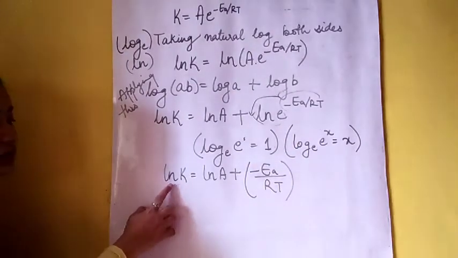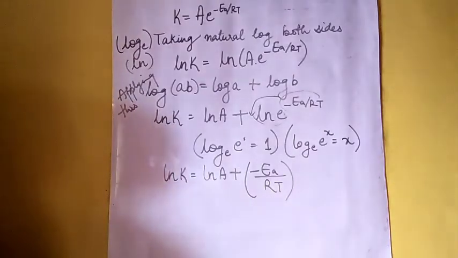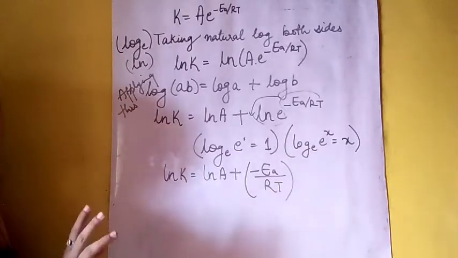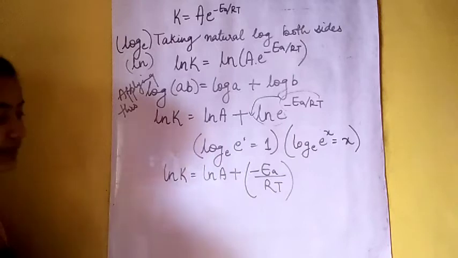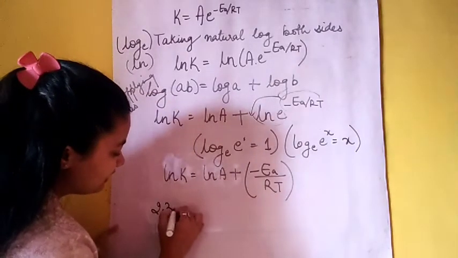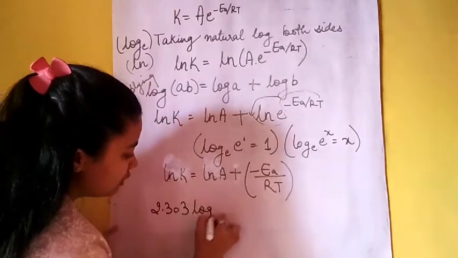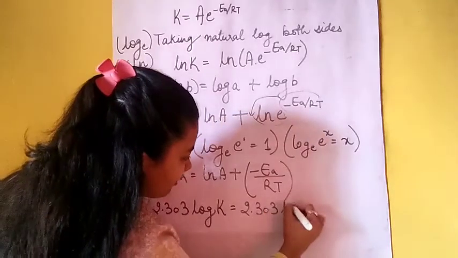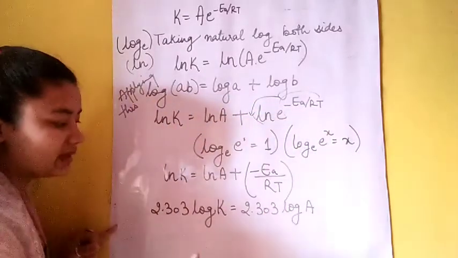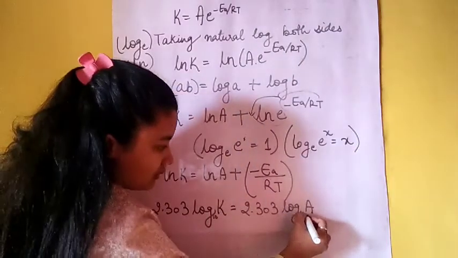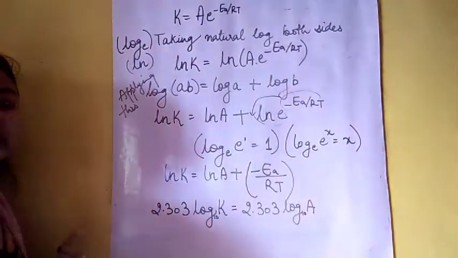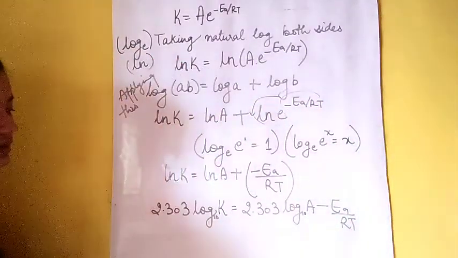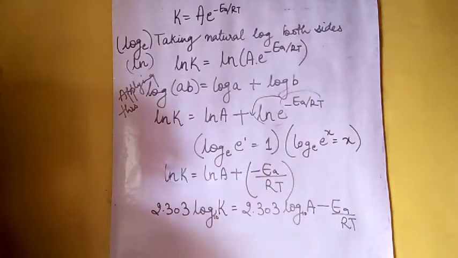Or you can convert this natural log into log base 10. And how will we convert it? By multiplying by 2.303. This we have studied in electrochemistry also, right? So multiply 2.303 and this will be converted into log base 10 K. Again 2.303 log base 10 A. Log base 10 generally means this 10, whose values we know, right? And minus Ea by RT. Now divide the whole equation by 2.303.